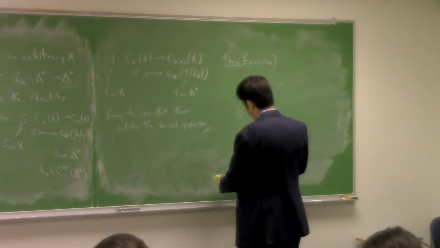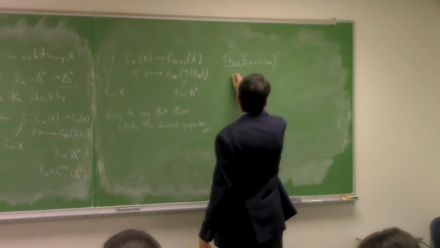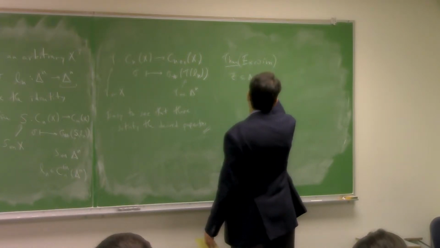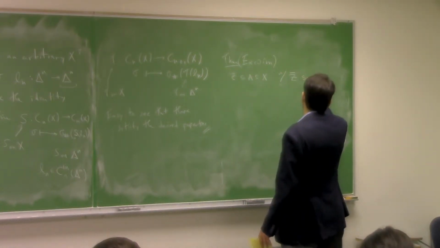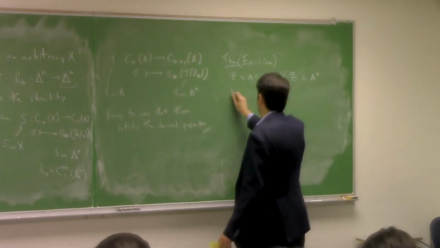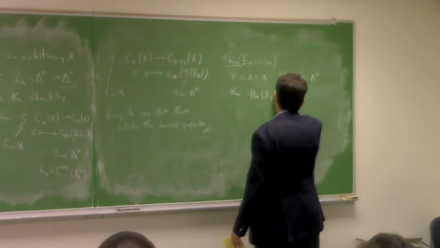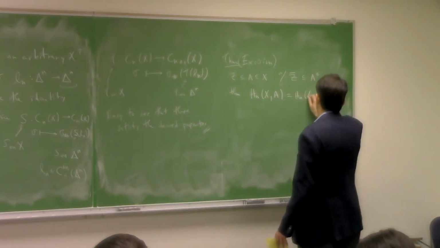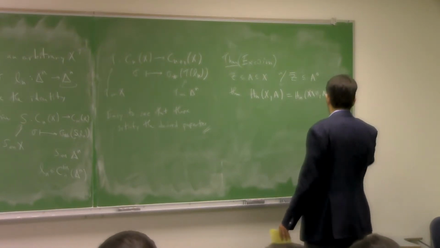Theorem, excision. Remember, excision says that if you have C inside A inside X with the closure of C contained in the interior of A, then the homology of X relative to A is the same as the homology of X minus C relative to A minus C for all n.